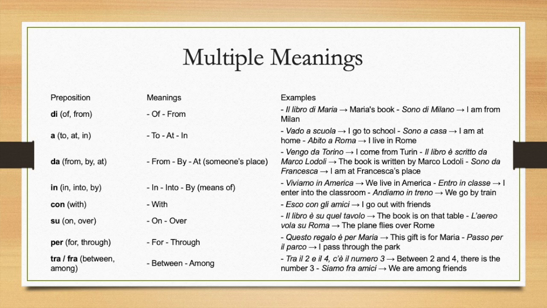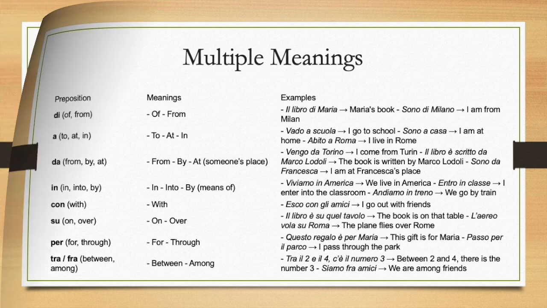For example, sono da Francesca, I am at Francesca's, meaning that I'm at her place. So, because of this flexibility, Italian prepositions rarely translate one-to-one with English. While English might use different prepositions in each case, Italian often uses the same one in multiple contexts.